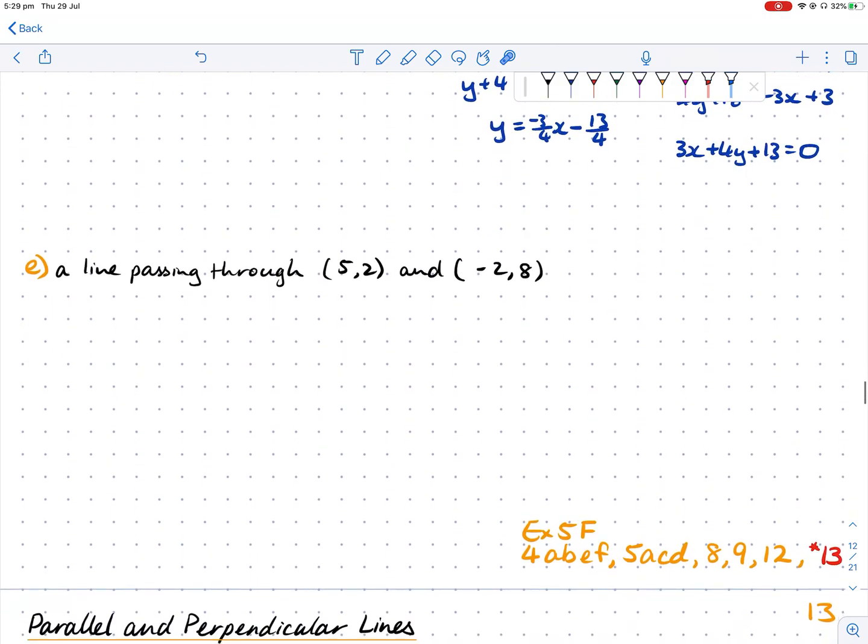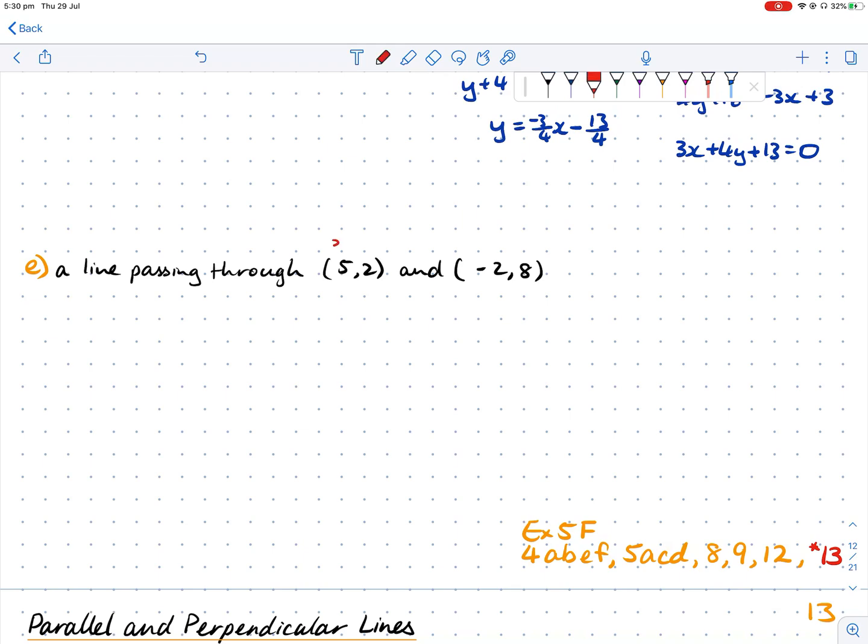Okay, last example. Here I've given you 2 points, and we want to find the equation of the line passing through them. So in order to work this out, we're going to first work out the gradient, and then we can use the point gradient form in order to work out the equation of the line.